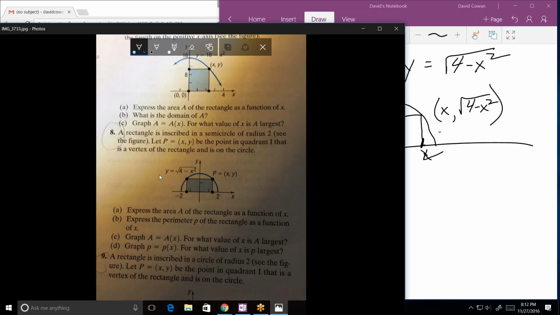That point is x comma y, which means it's x comma square root of 4 minus x squared. So we've got our area as a function of x, exactly right. It's 2x times the height, which is this. Now express the perimeter of the rectangle as a function of x.